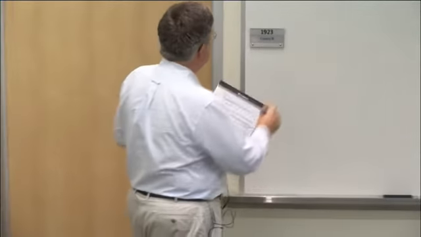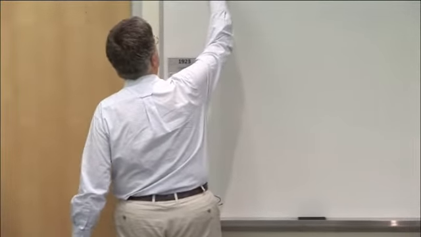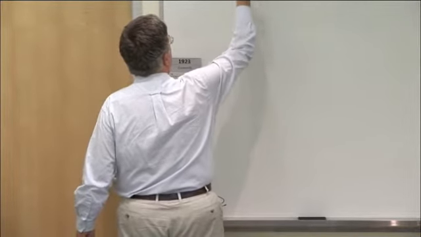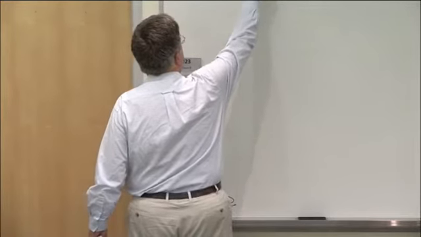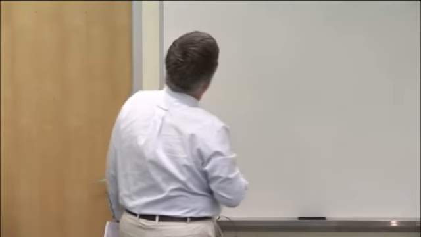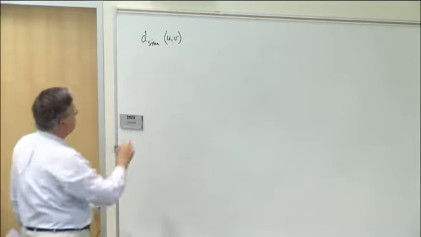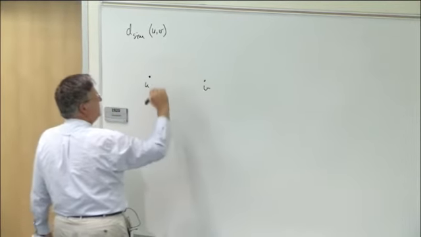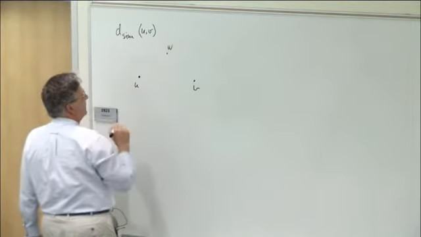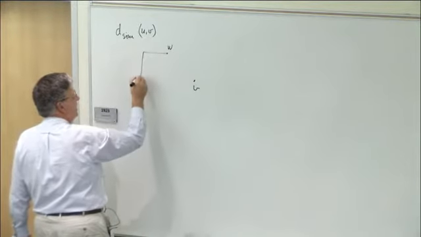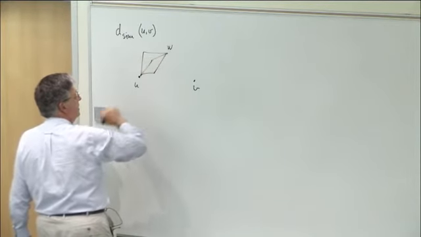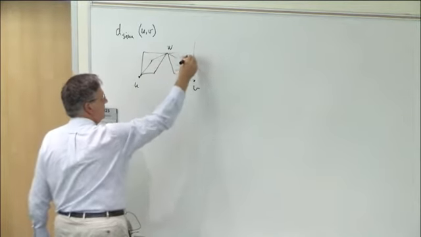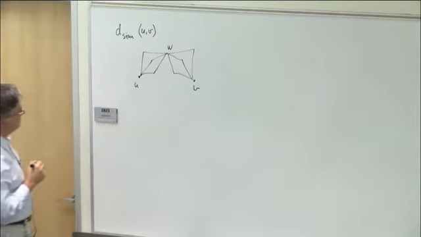So I define the similarity distance of two nodes u and v in this graph as follows. So here are the nodes u and v. I pick randomly a w, and I count how many paths of length 2 there are from u to w, and how many paths of length 2 there are from w to v.